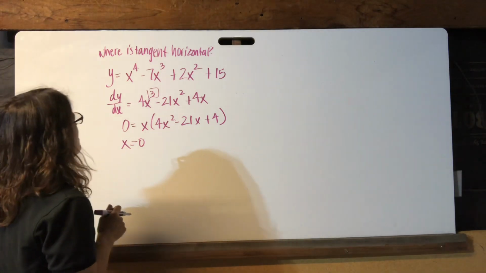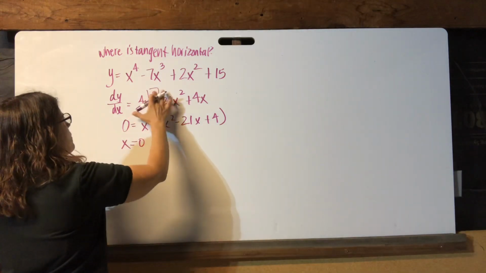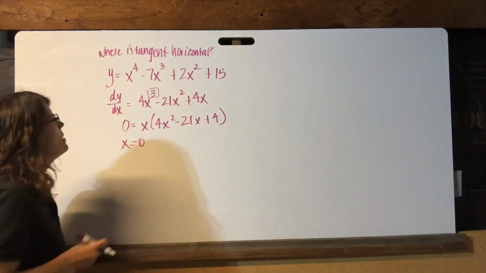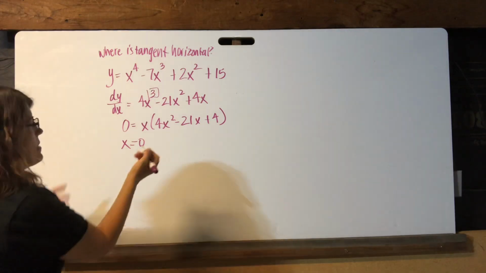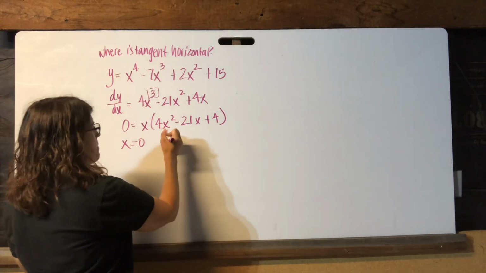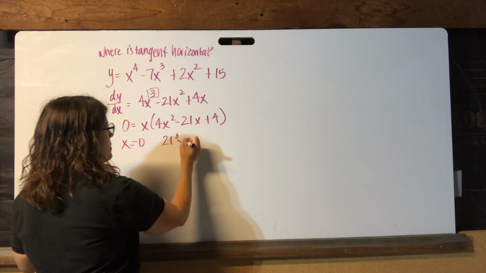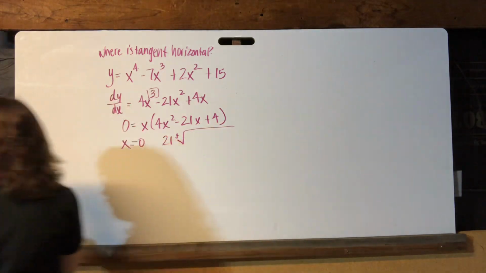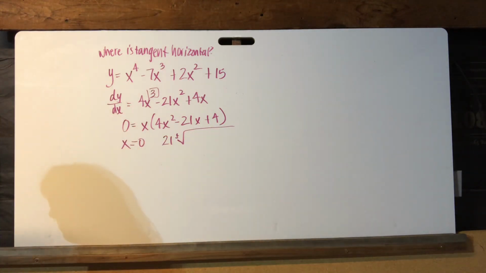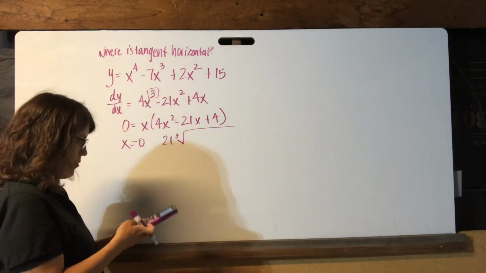Hold on. I think I made a mistake. This should be... Oh, no, that's right. Minus 21x squared. Yeah. Okay, so quadratic formula. You can do it without me.